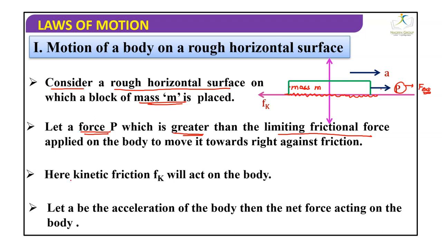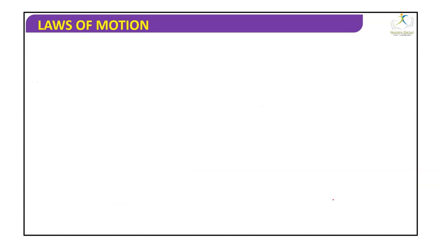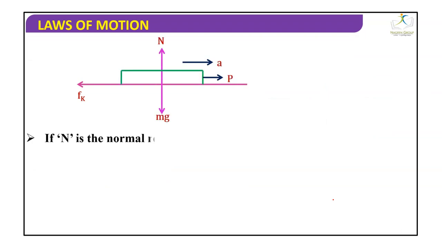Here the body starts moving, so kinetic friction will act on the body. Let a be the acceleration of the body. Because of this force, kinetic friction occurs, and because of that acceleration occurs. So the net force acting on the body will look like this.